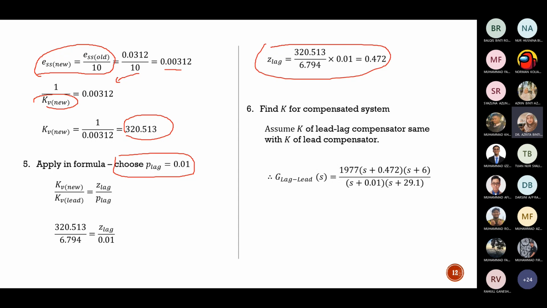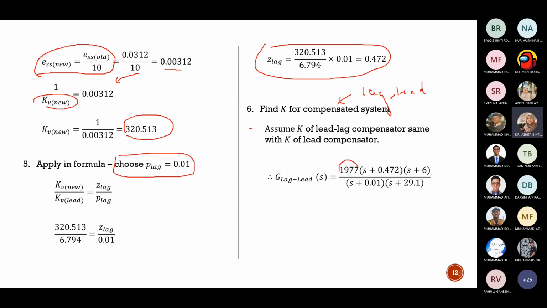And lastly, we can calculate or find the K for the compensated system. Compensated system means for this system include the lag and the lead. So if you don't want to calculate, you can just put the statement, assume that the K of the lag compensator is the same with the K of the lead compensator.